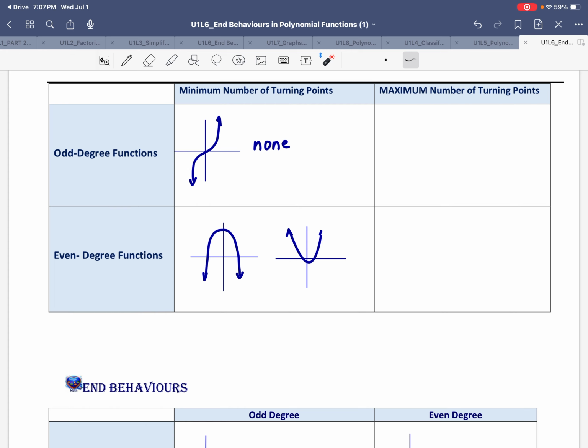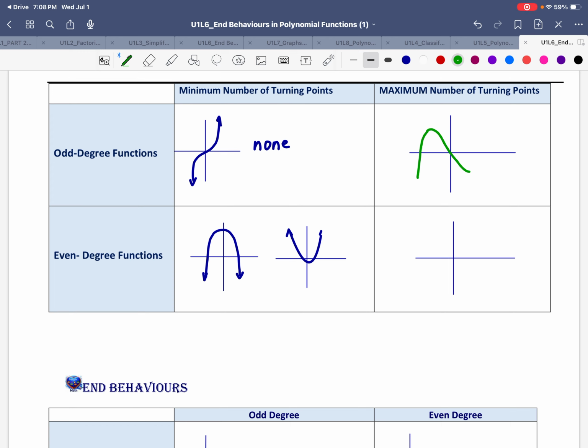When it comes to the maximum number of turning points, regardless of the degree of the polynomial function, it will work in the exact same way. We're going to say the maximum number of turning points will be one less than the degree. And as an example, I'm just going to bring here a third degree polynomial function. Remember that we have said that polynomial curves are lines that go up and down based on the degree of the polynomial function.